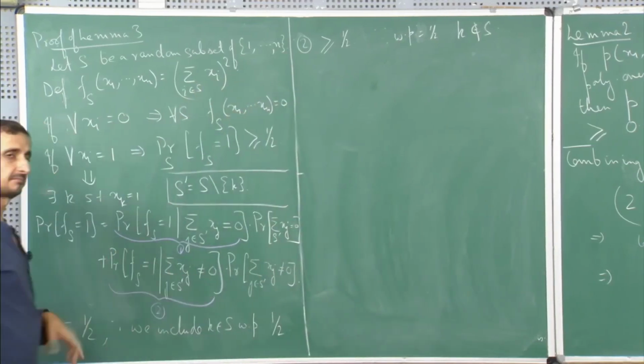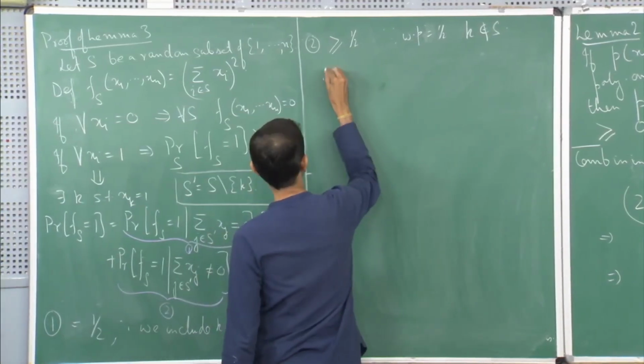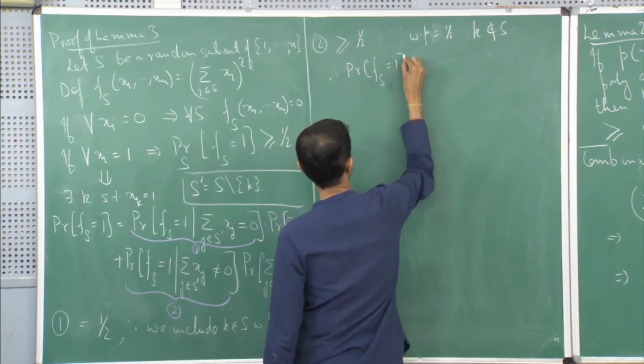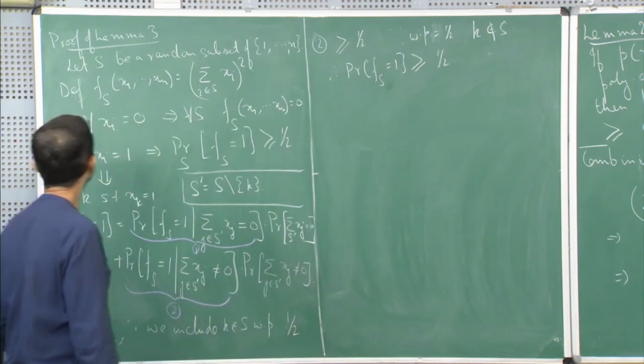So, therefore, this is at least half. And now, if I combine these two, what I get is that the probability f of S equal to 1 is at least half.